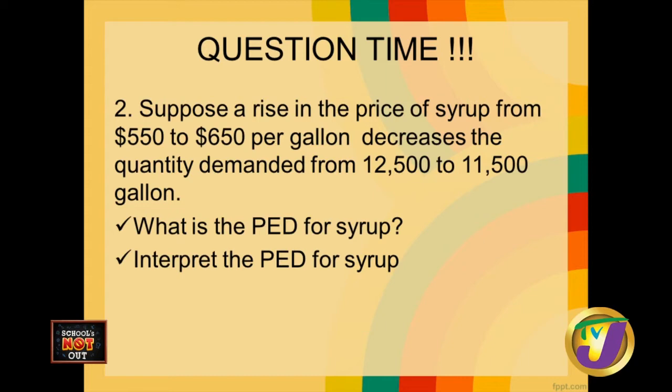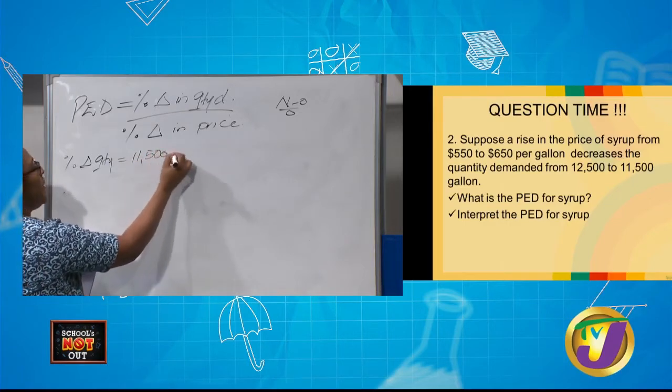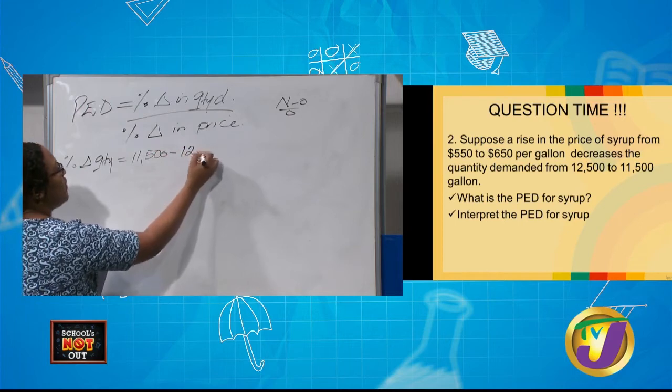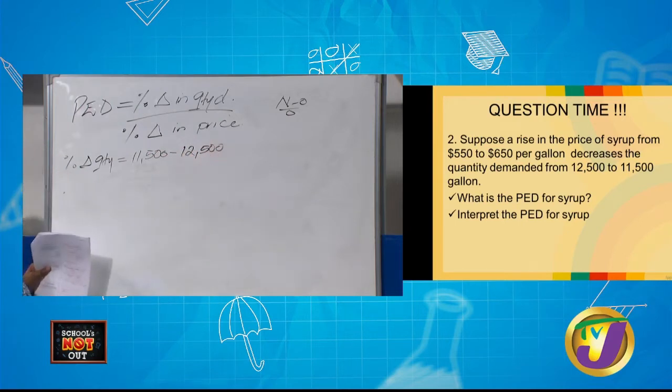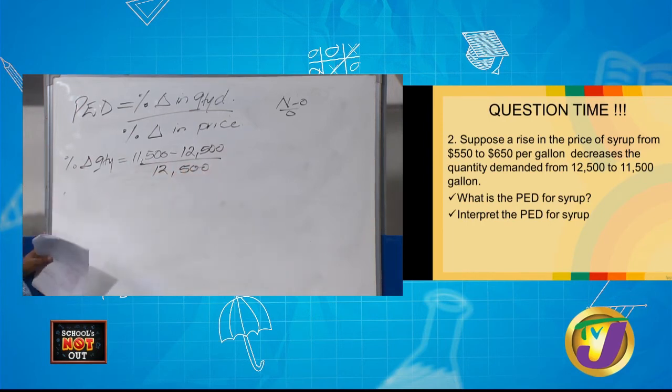As an examiner, it always pains my heart to see when students make a mistake and we cannot award them any marks. So let's go. Let's work now with the percentage change in quantity demanded. Remember again, we have new minus old divided by old. So our new quantity is 11,500 minus 12,500, which is the old quantity, divided by 12,500, old again.